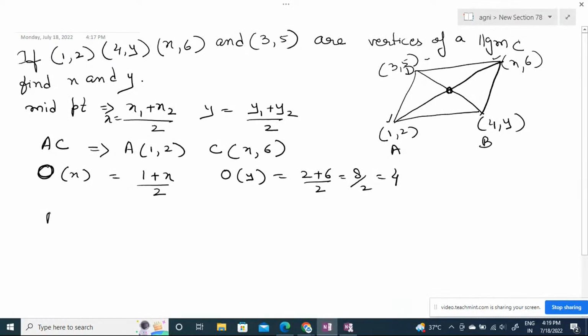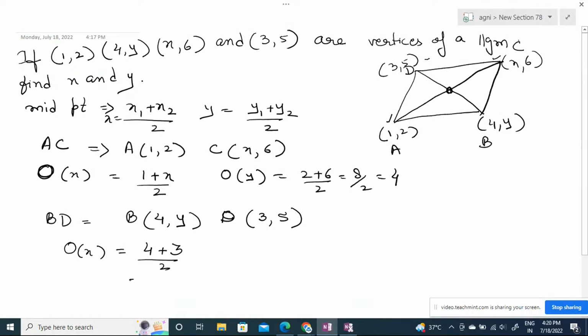Now for the points B and D, coordinates of B are 4 comma y and coordinates of D are 3 comma 5. Here again, Ox is equal to (4 plus 3) by 2, which is 7 by 2, and Oy is (y plus 5) by 2.